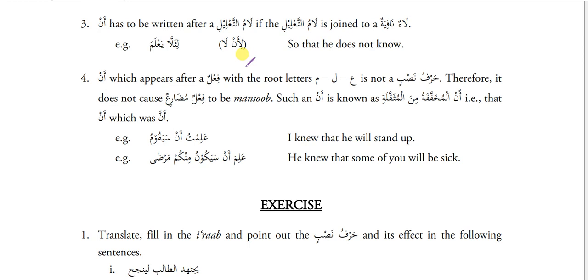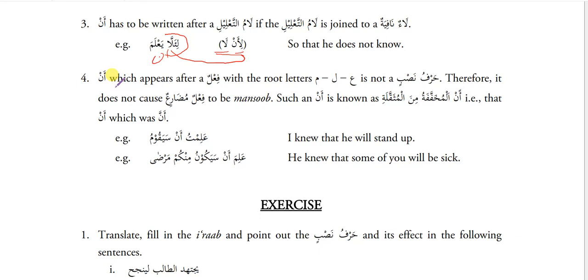If you want to mention an in a sentence or in a word, then in that situation you should write an by associating it with lam talil. So you should write it like this: li an la, and in modern Arabic li an la is pronounced as li Allah, and the noon is eliminated. So li Allah is actually li an la.